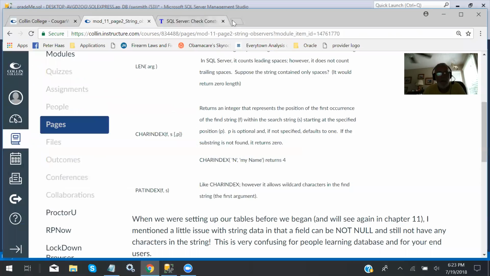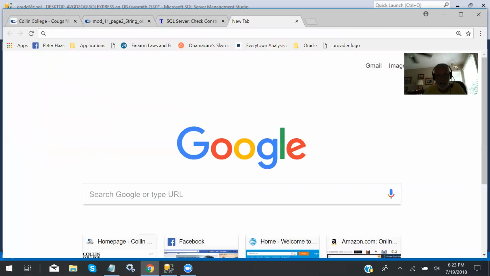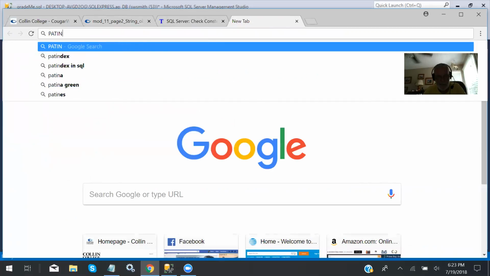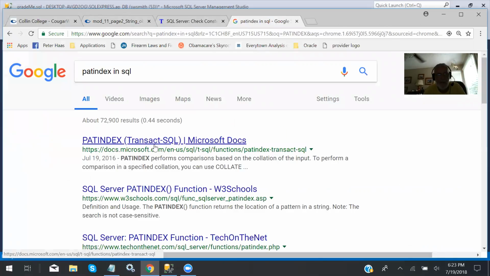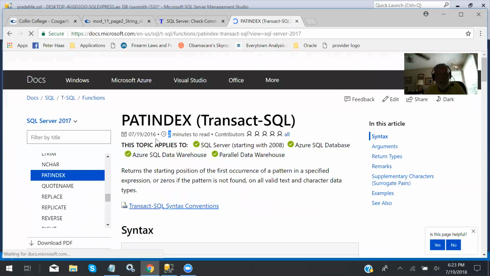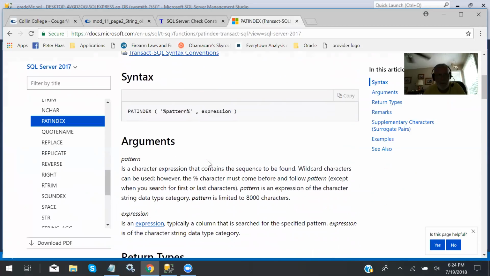Let me look that up real quickly. Pat index in SQL. It's going to tell me all about it. Wildcard character, however, must come before and follow the pattern.